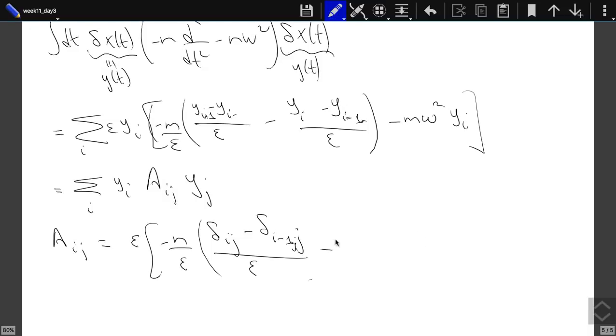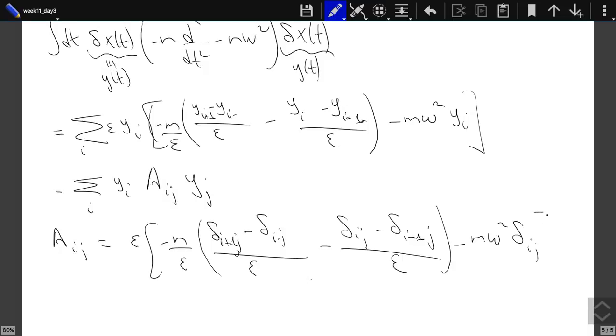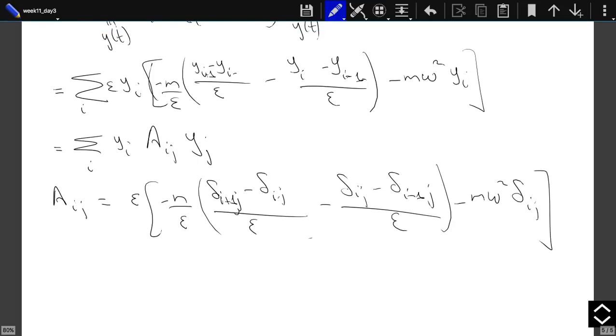Now this will give a more symmetrical matrix. This is i plus 1 j minus Kronecker delta ij minus Kronecker delta i minus 1 j over epsilon minus m omega squared Kronecker delta ij. This is our matrix Aij.